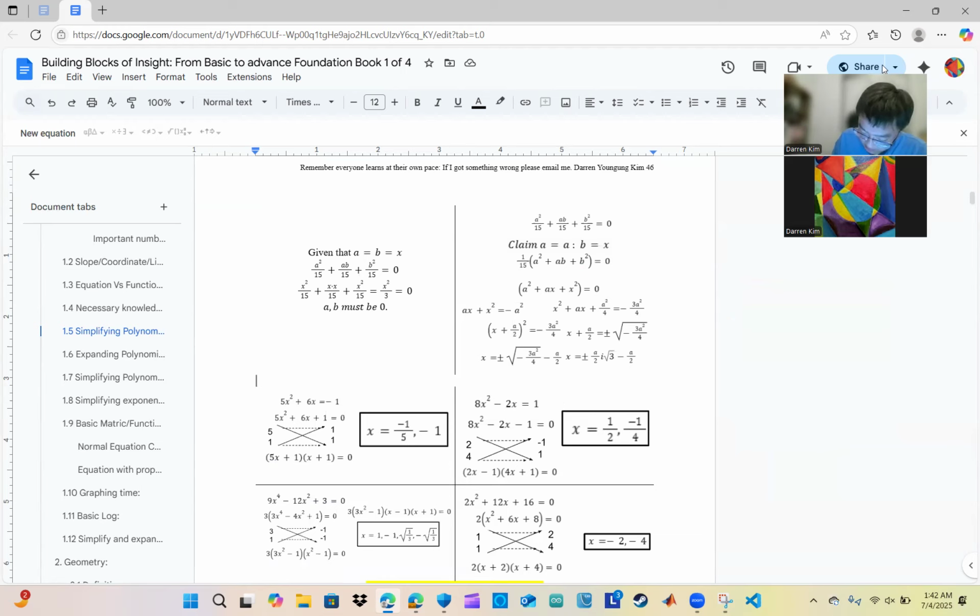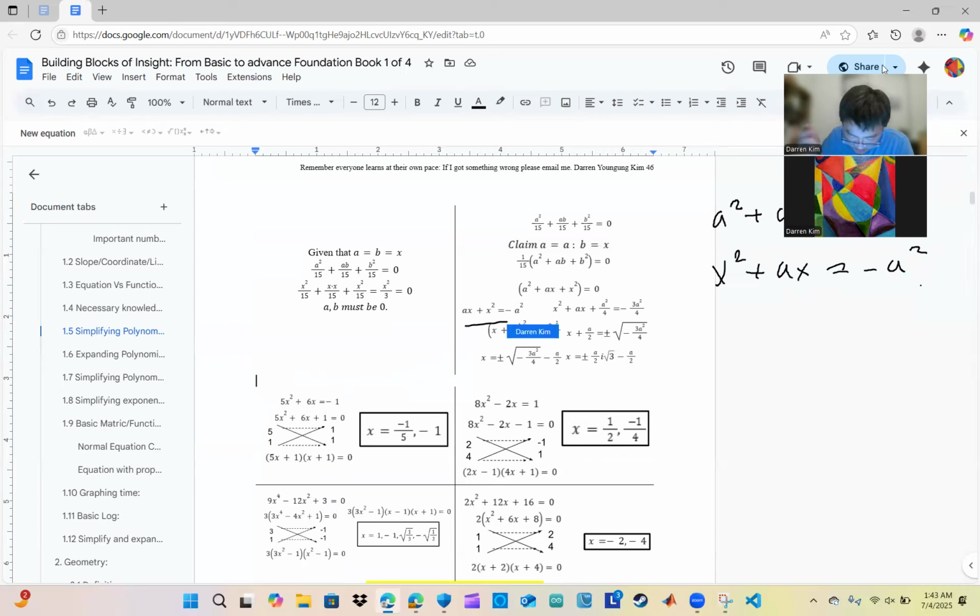Okay. But honestly, it's just solving a squared plus ax plus x squared equals 0, basically. It's easier to look at it as x squared plus ax equals minus a squared.